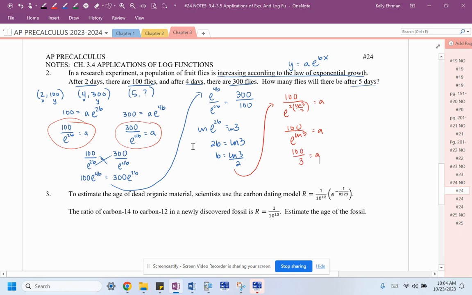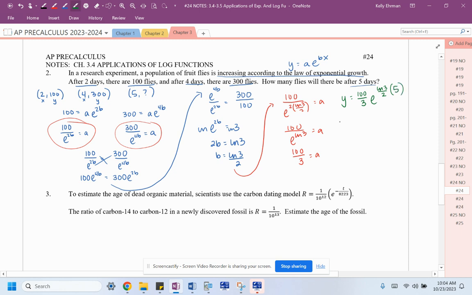So we have a and we have b. And now we can go back and figure out when we plug in 5, what's the model going to spit out? So here's the model. y is equal to 100 over 3 times e to the, keep this b value, natural log of 3 over 2, times what is x? x is 5.